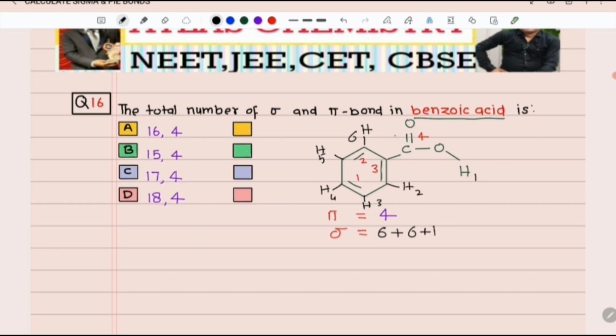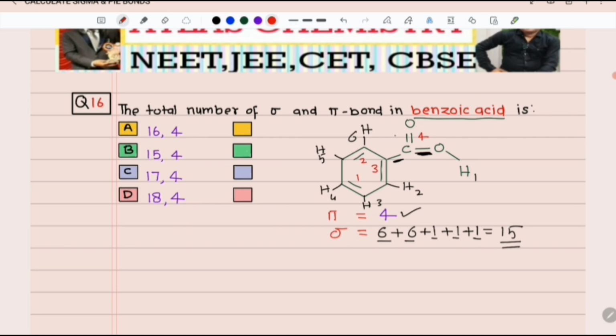So one more sigma bond is there, and here is one more sigma bond between carbon and oxygen. So one more sigma bond is there. If we count the total number of sigma bonds, 6 plus 6 is 12, 13, 14 and 15. So there are 15 sigma bonds and 4 pi bonds.